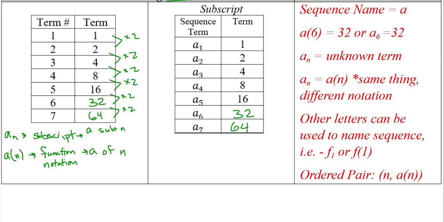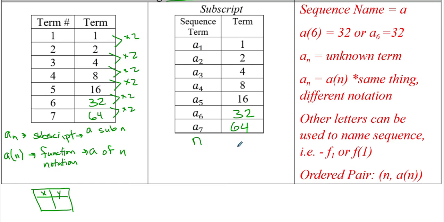Okay, and then the other part that is important to us is listing these things as ordered pairs. Remember when we had our tables before, when we did graphing linear equations, we had our XY table. It is going to be the same thing here. We have the sequence term number, and then we have what the actual term number is. So this is like our XY table in our ordered pair.